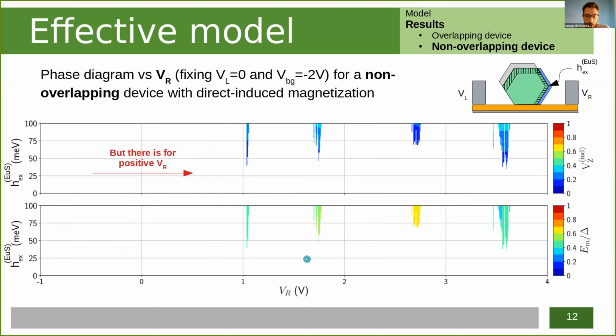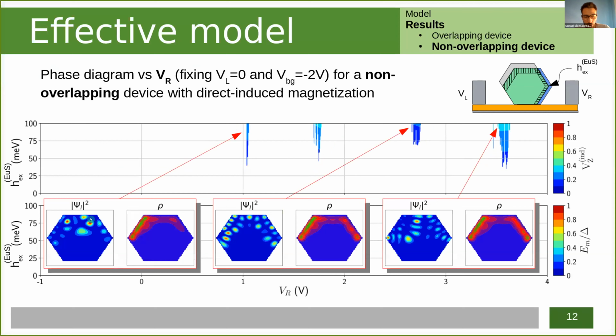But there are topological regions for positive right side gates. That is something that was not very explored in the experiments. And this is because the wave function is now spread all across the nanowire, and therefore it has both components, induced superconductivity and induced Zeeman field.